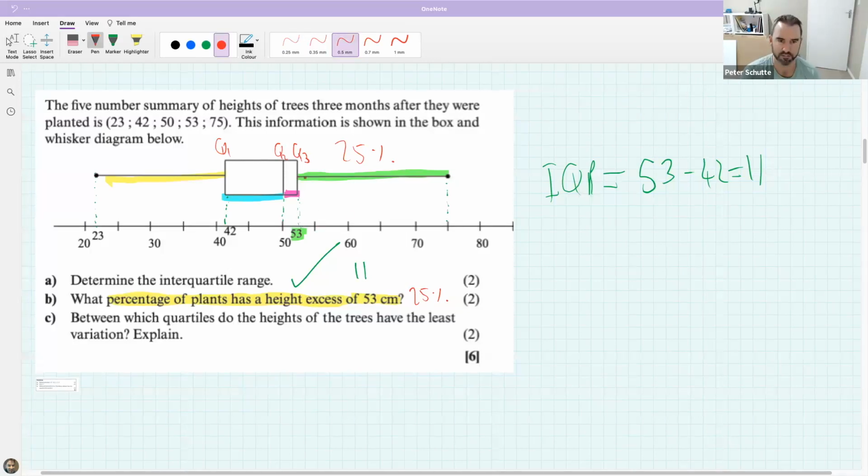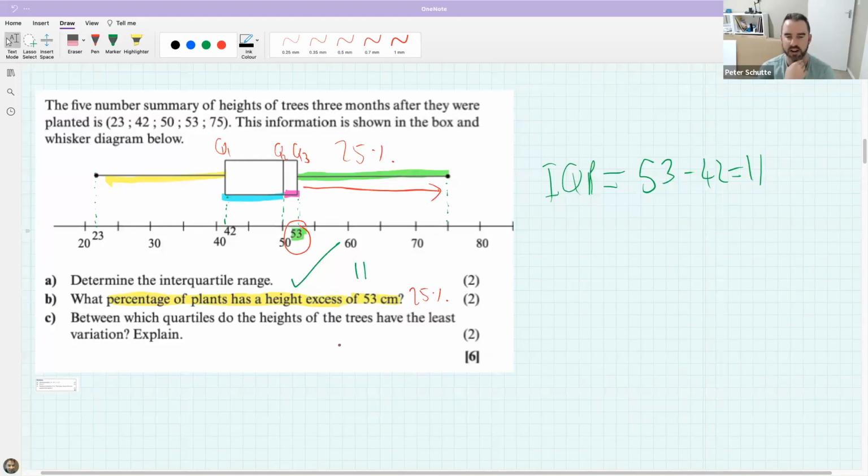Well, the ones that are bigger than 53 are sitting here. Now that was tricky, but I'm hoping that with my summary here, you can see that 53 is sitting here, and we want to know how much of the data is sitting here. 25% is sitting over here.